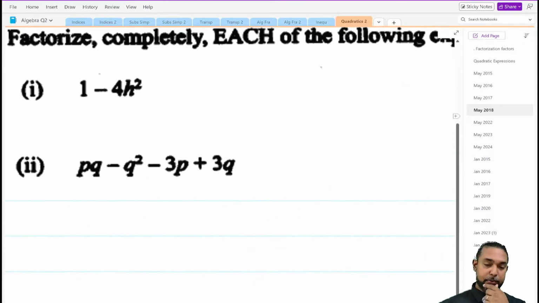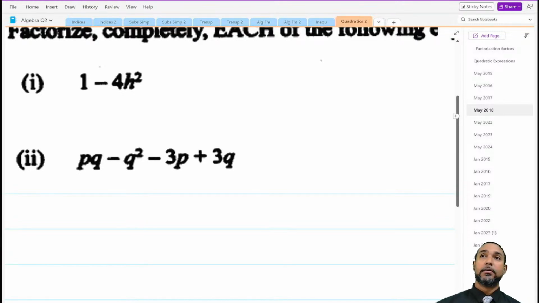All right, what about that first one? Difference. Are we subtracting? Yeah. Two terms and only two terms. Yeah. Are they both squares? One is 1 squared. What about 4h squared? Correct. All right, factorize it.